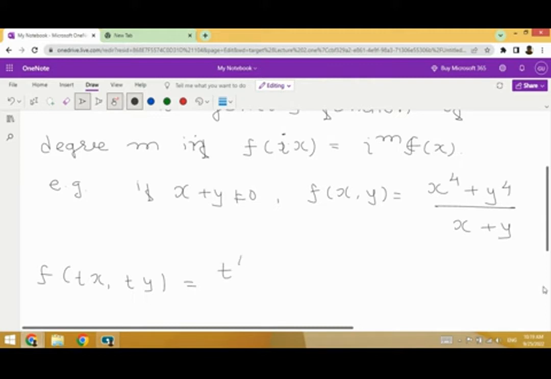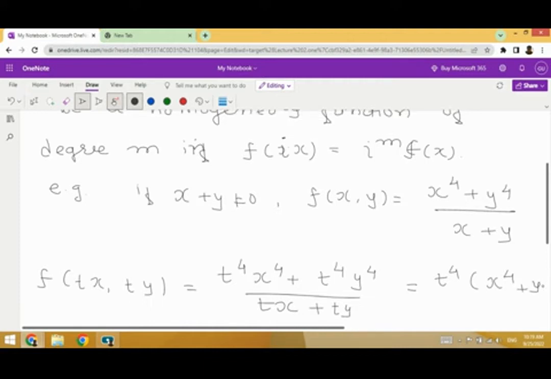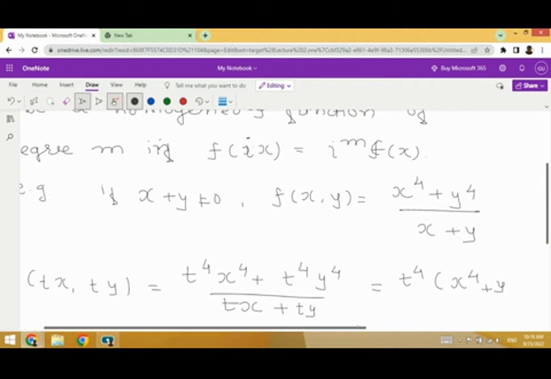So we get t raised to 4 x raised to 4 plus t raised to 4 y raised to 4 upon tx plus ty. We take t raised to 4 common, and we have x raised to 4 plus y raised to 4 divided by t times x plus y.